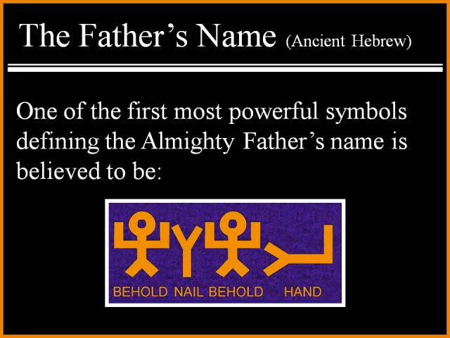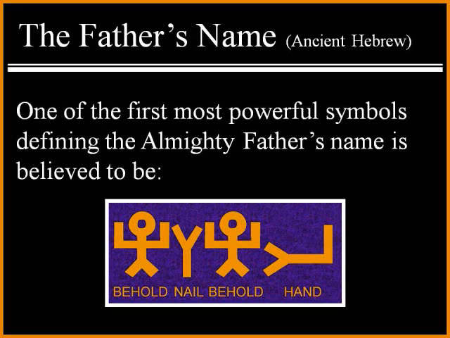The Father's name in ancient Hebrew, one of the first most powerful symbols defining the Almighty Father's name, is believed to be the picture that you see below. It is believed to be interpreted as behold, nail, behold, hand, or if it's read from right to left, hand, behold, nail, behold.